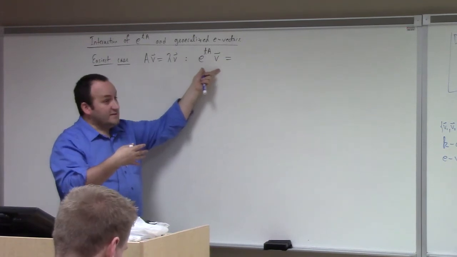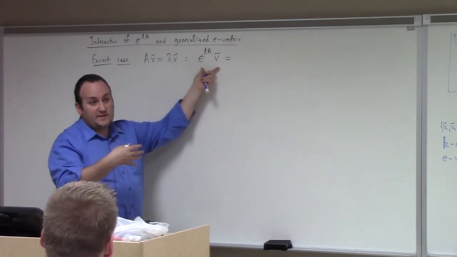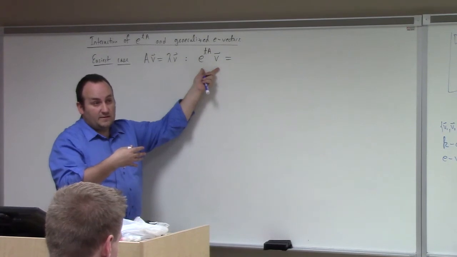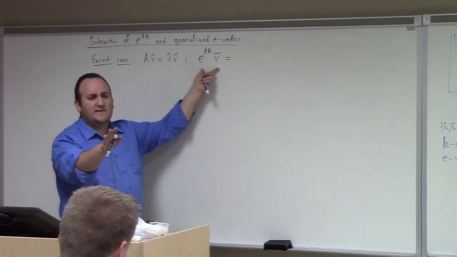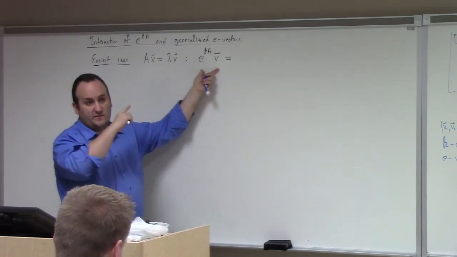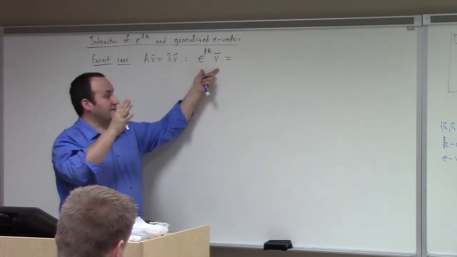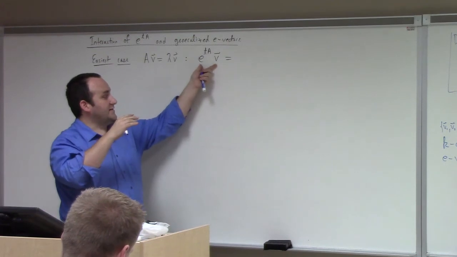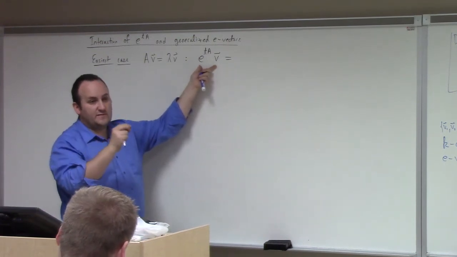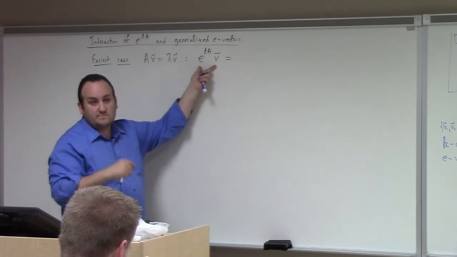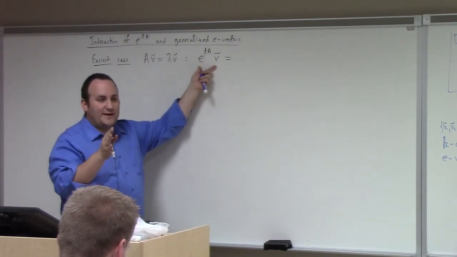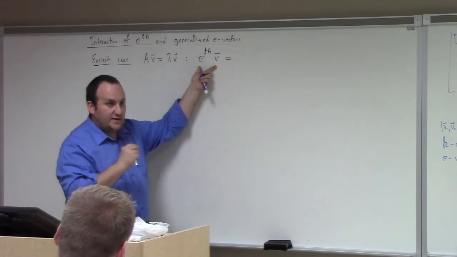So this is a solution to dx/dt equals Ax, supposing that v is an eigenvector. Actually, even if v is not an eigenvector, this is still a solution, since v is a constant vector. But let's see why it's an interesting solution if it's an eigenvector.